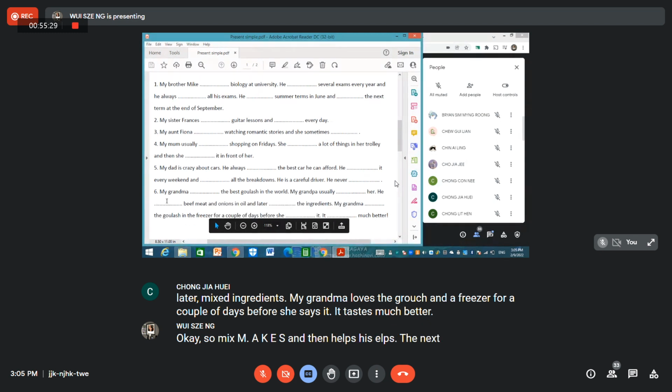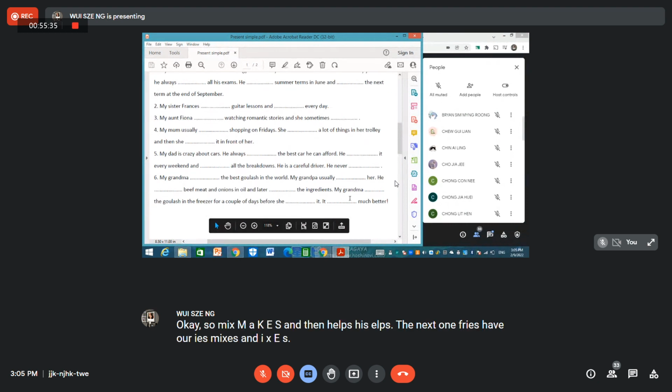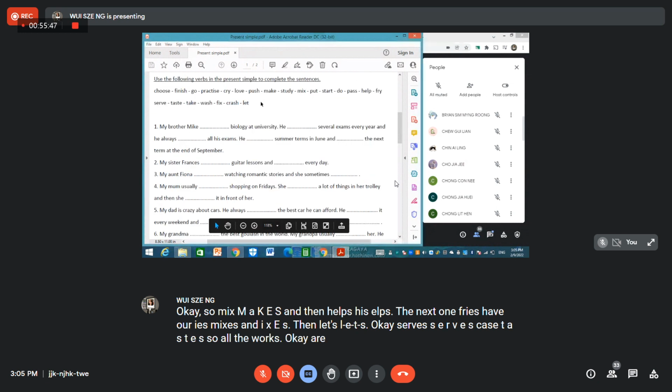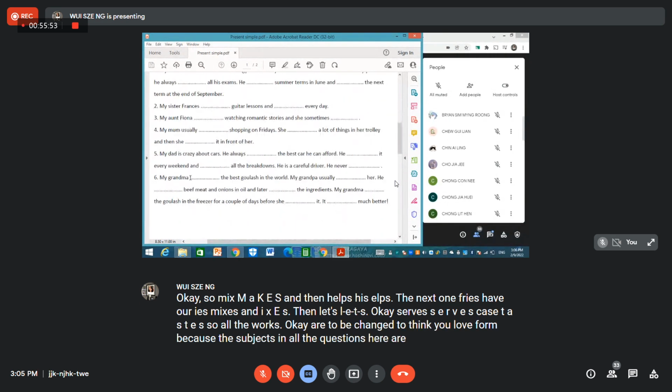The next one, fries. Mixes. Then leaves, serves. Tastes. So all the verbs are to be changed to singular form because the subjects in all the questions here are singular.